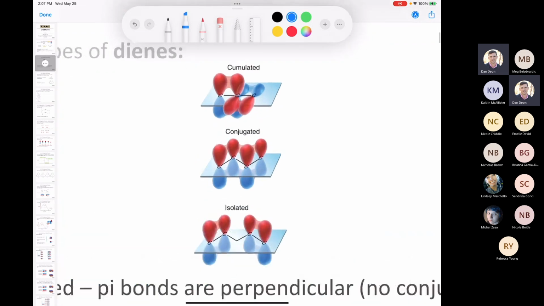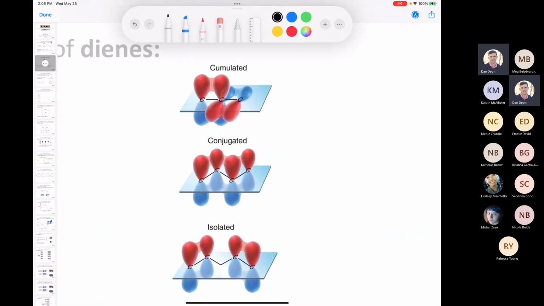So the first one, the cumulated, and again, this is where the pi bonds are right next to each other. If you want to draw a bond line structure, sometimes we just put a dot between the two carbons like this, and that means that they're cumulated.